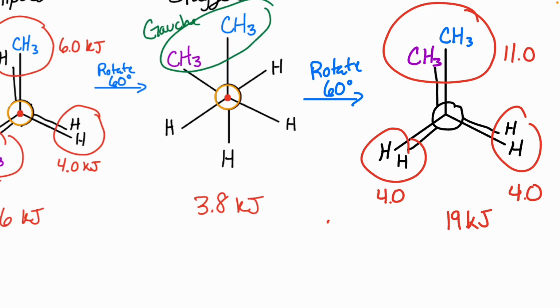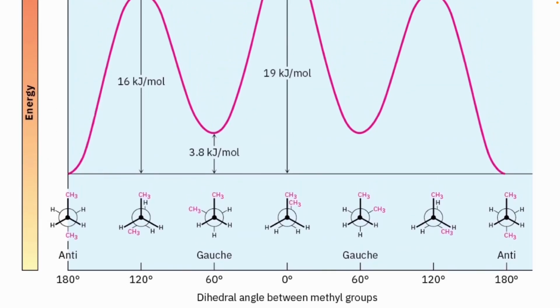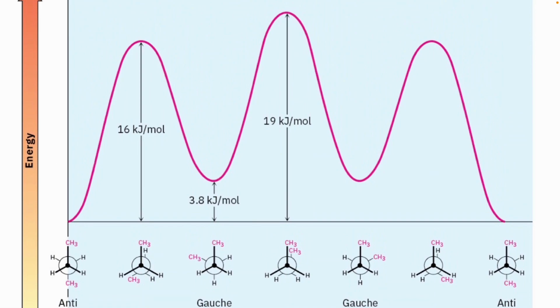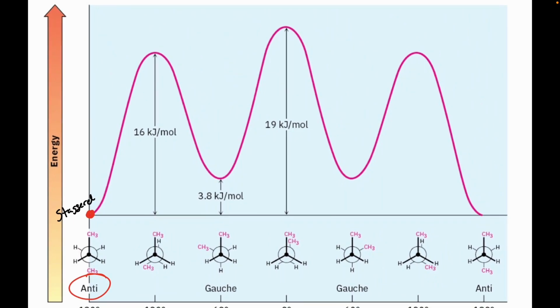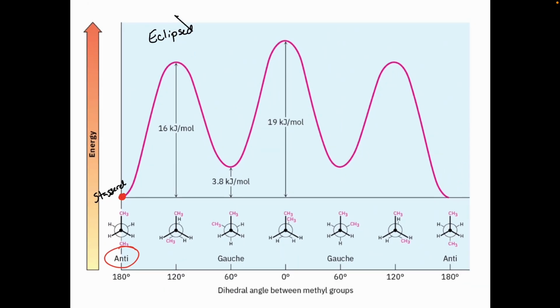All right, and if we continued throughout all the different possible rotational conformations, we would get this sort of graph here. Starting out at our lowest energy conformation, when the methyl groups are on opposite sides of one another, what we call the anti-conformation, right? This is our super low energy staggered conformation. And then as we rotate, we reach one of these eclipsed conformations, which is higher energy.